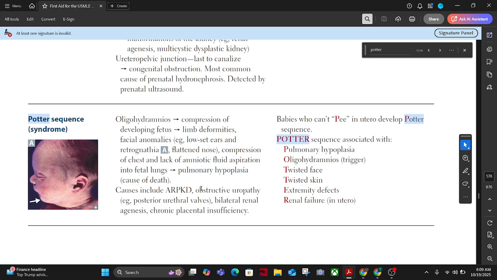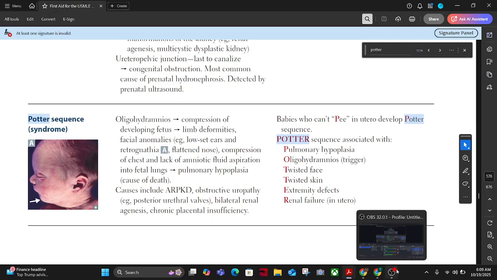So yeah, the causes include autosomal recessive polycystic kidney disease, obstructive uropathy like posterior urethral valves, because that would cause defective kidney function, and you can't produce enough pee properly for the amniotic fluid.